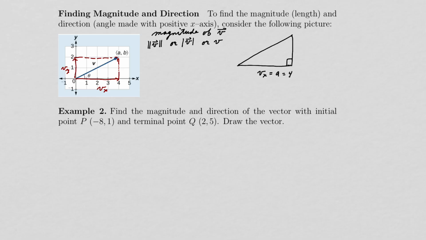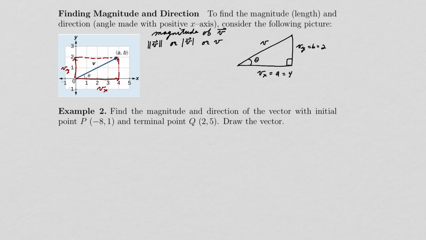So this length is 4. And the Vy, which is also called B, is equal to 2. So I want to find the magnitude, which is V here. So how do I find that magnitude? And then later I'll find the angle theta.